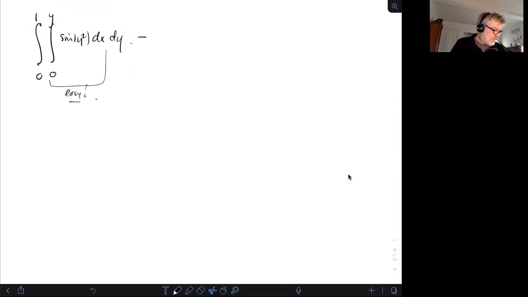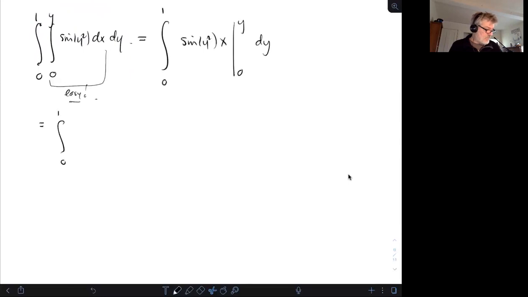All right, so this is the integral 0 to 1. Now integrating with respect to x inside, so this is just sine of y squared times x between 0 and y, right? So I just substitute, subtract.